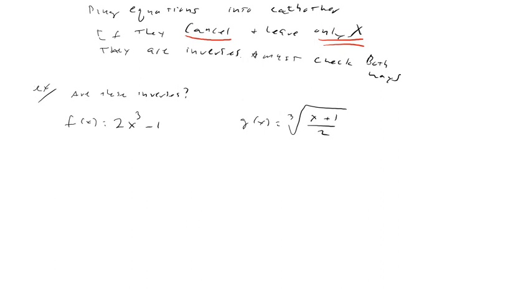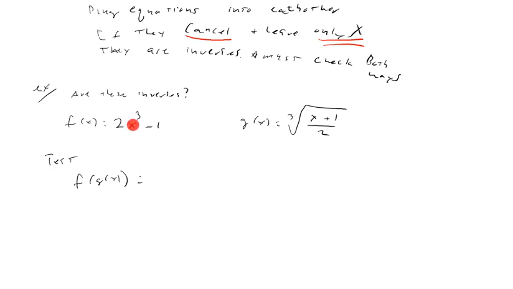So we have to test f of g of x. F is my outside function, so I'm going to write the f function first, but I'm going to leave the x part as a blank parenthesis, because I need to put g there.